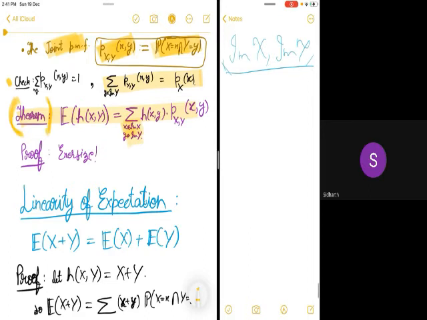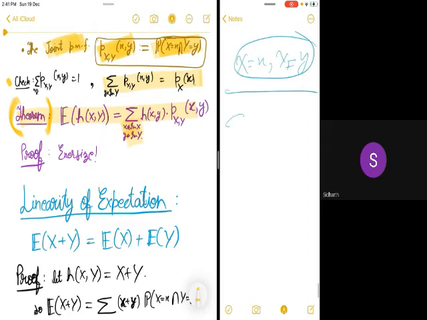The idea is this: if the image of X is countable and the image of Y is countable, then we know that the events X is x and Y is y will be countable. For example, if this is the image of X and these are the events of the image of Y, then the set of intersections of these is also countable.